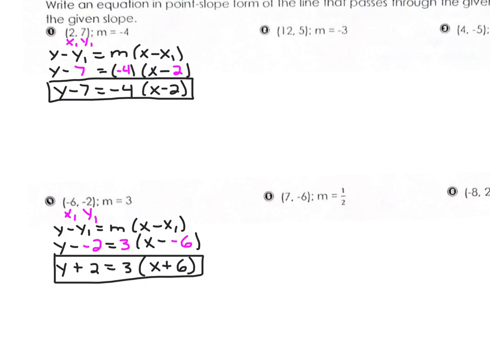Let's try one more together, and then I'm going to have you try some on your own, pausing and stopping along the way. So as we go back to number 2 here, let's start by identifying again x1, y1, plugging in our values. So we have y minus y1, which is 5, equals m, which is -3, times the quantity of x minus x1, which is 12.